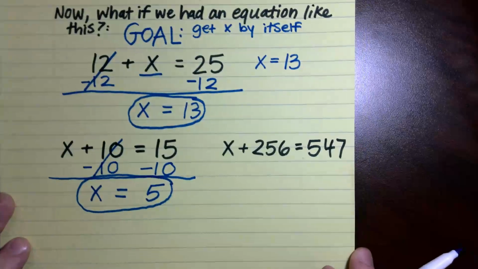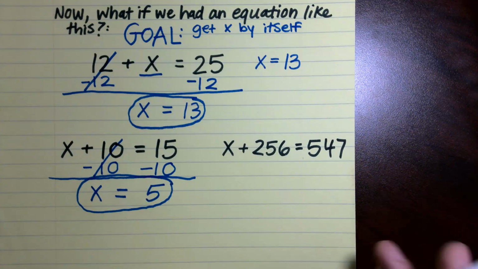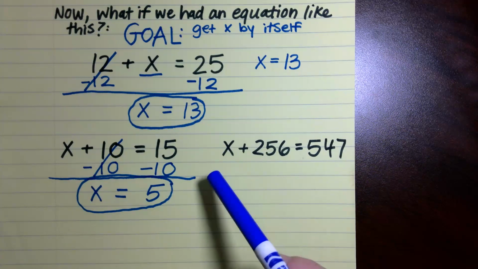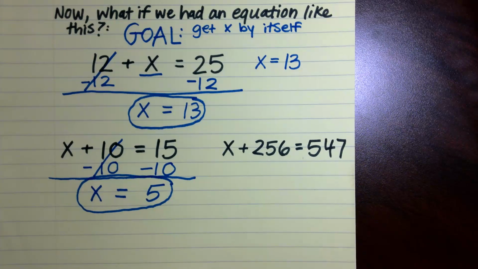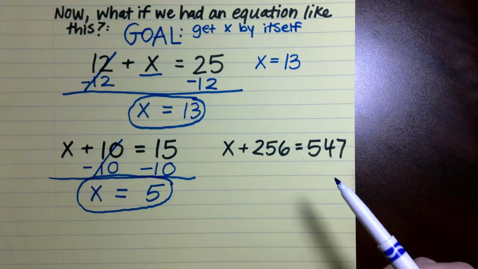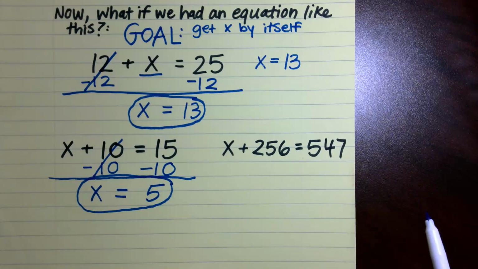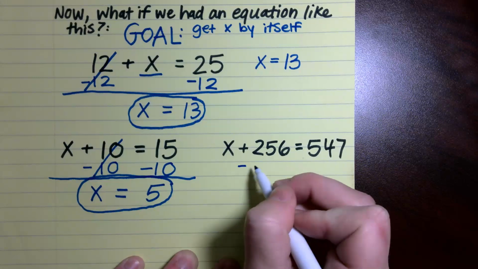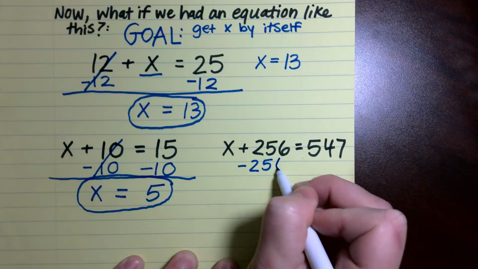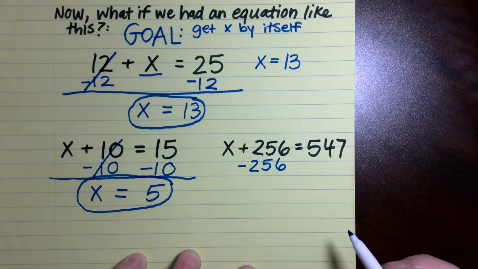So how about just for fun we do this big one? I got x plus 256 equals 547. Remember, our goal is to get x by itself. What do I do first? Subtract 256. Absolutely. What else do I need to do?